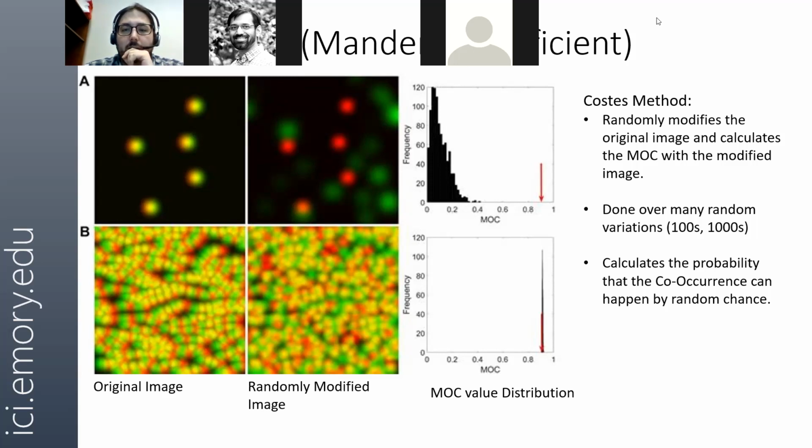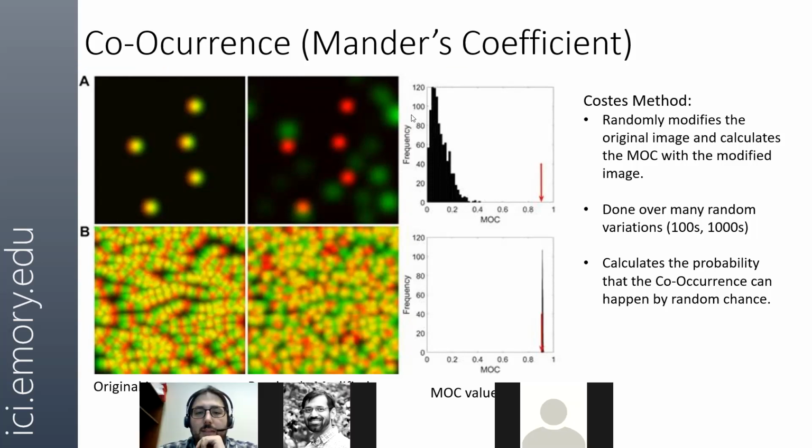Now, the way we are interpreting the histograms at the end here at the MOC is for a lot of variations, and for every variation we calculate Manders coefficient. When we plot those in a histogram, what is the distribution?